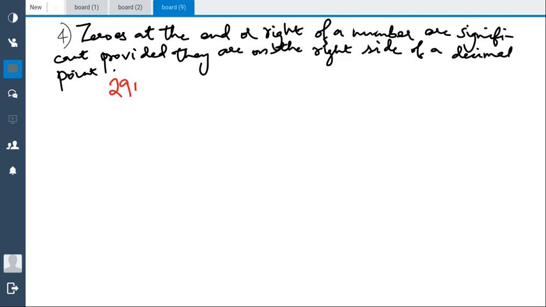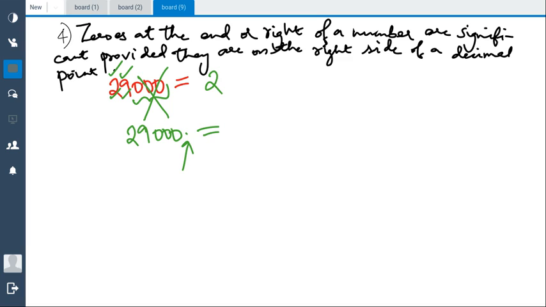Suppose I have a number 29000. Can you see any decimal point over here? No, I cannot see. So the total number of significant digits will be 2: 1, 2. These zeros won't be counted. But if I write a decimal point, the number of significant digits will be 1, 2, 3, 4, 5.